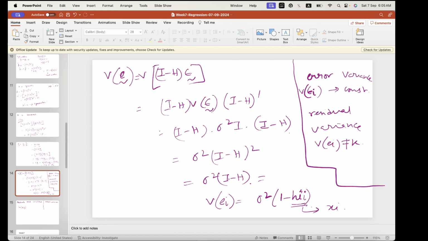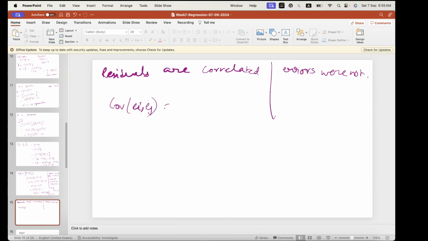So I is an identity matrix with diagonals as 1 and off diagonals as 0. So the covariance between eᵢ and eⱼ will actually be 0 minus hᵢⱼ, which is −hᵢⱼ and usually not equal to 0. So we can conclude that the residuals are correlated whereas the errors were not.